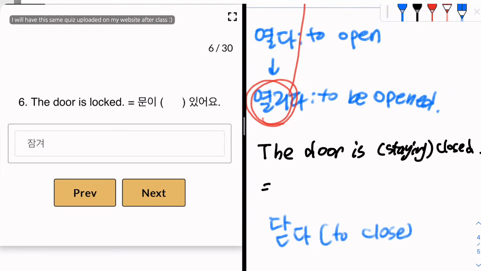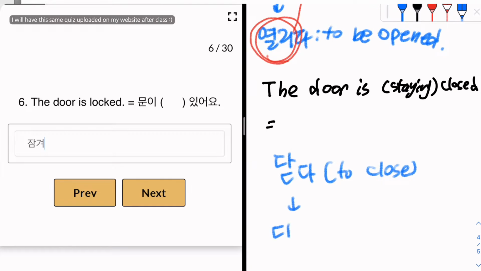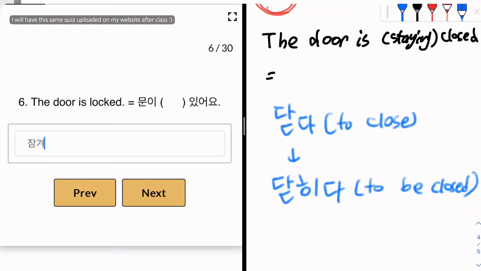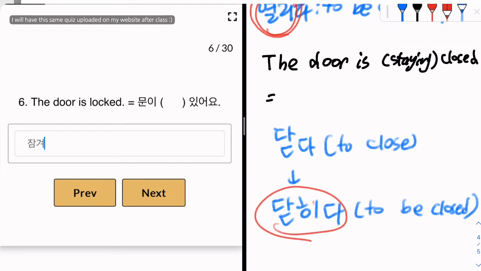And its passive form is 닫히다, to be closed. So you can use this passive form and combine it with 있다. 장민님, 좋아요. 장민님, you're really fast. Okay, you did your homework. You did your assignment. 좋아요. 닫혀 있어요. 문이 닫혀 있어요.